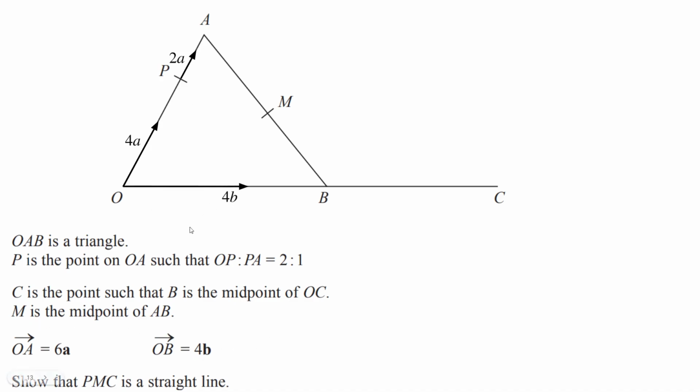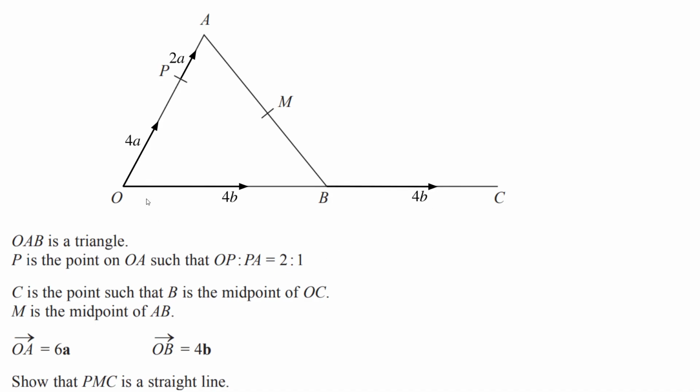We're also told that M is the midpoint of line AB. C is the point such that B is the midpoint. So if B is the midpoint, that means this part must equal this part.